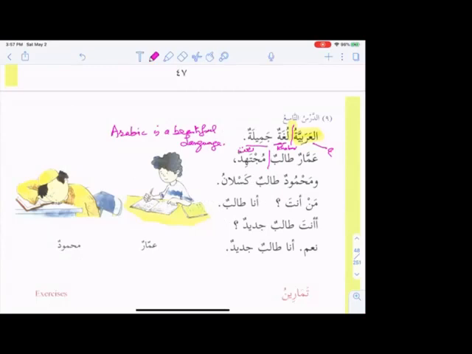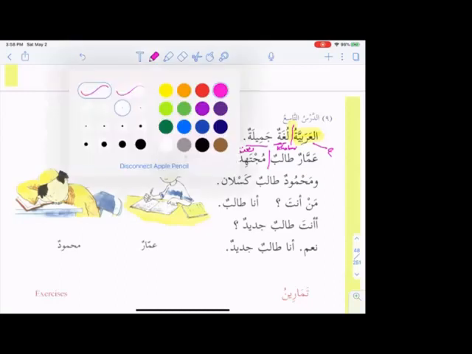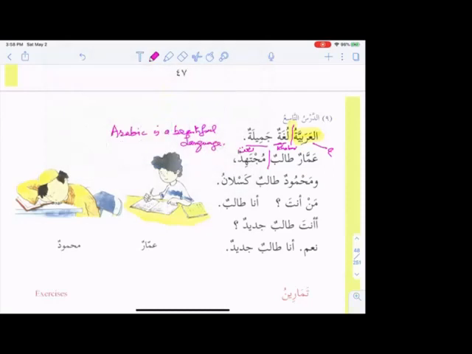I hope we don't have any student in the gathering, but this is just a joke. Don't take it personally. Mahmud is a, we are learning a new word here. Talibun, kaslanu. Mahmud is a lazy student. See, they show it here. He's sleeping there. Okay, Ammar, Mahmud.